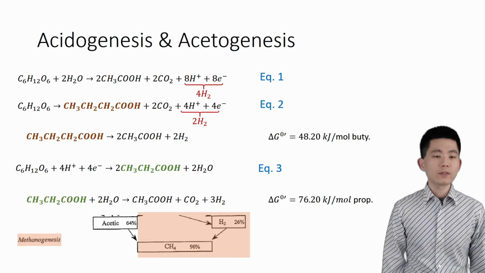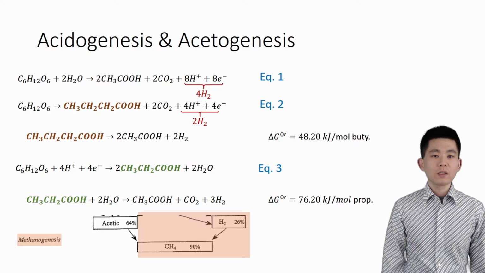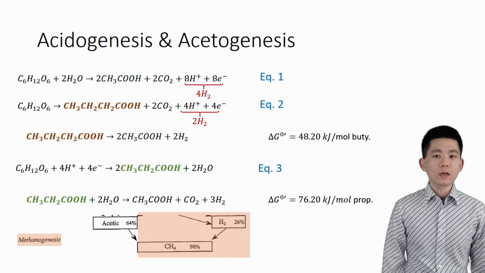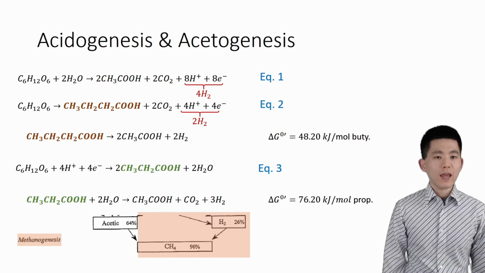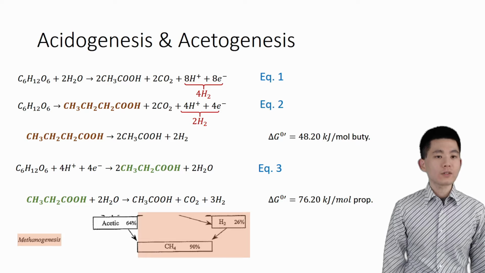But because the delta G naught for beta oxidation of butyrate and propionate are positive 48.2 kJ per mole and 76.2 kJ per mole respectively, these reactions are not thermodynamically favorable under standard conditions. Hydrogen concentration needs to be sufficiently low to make these reactions move forward spontaneously.